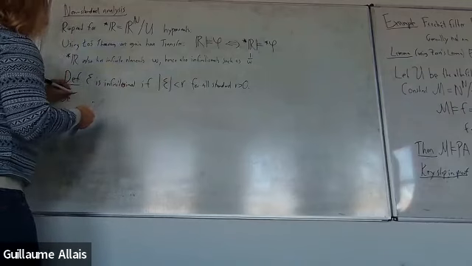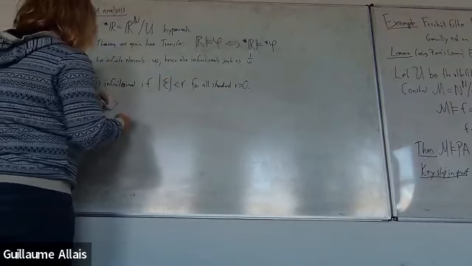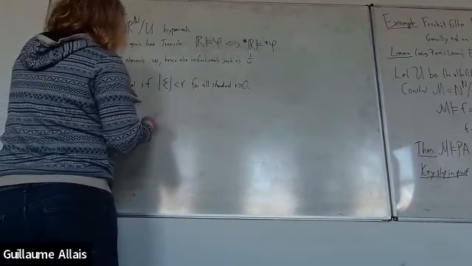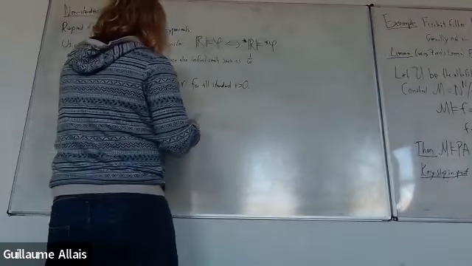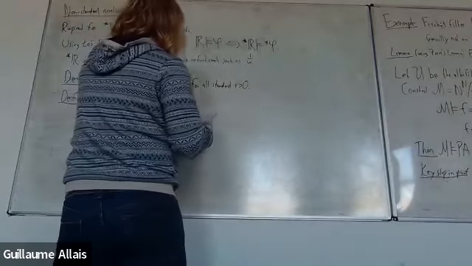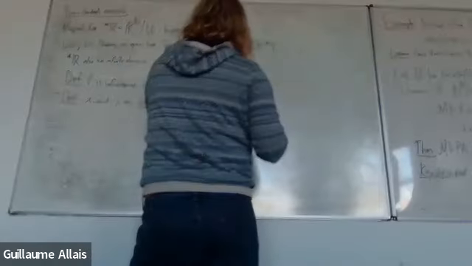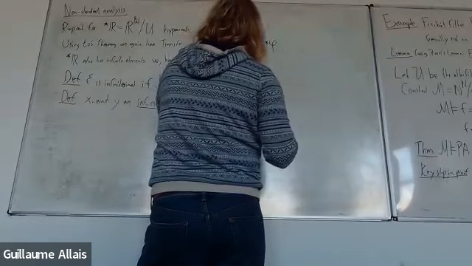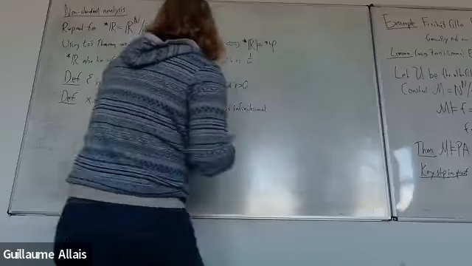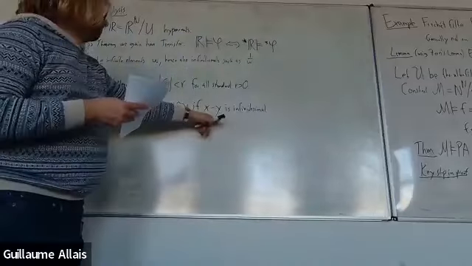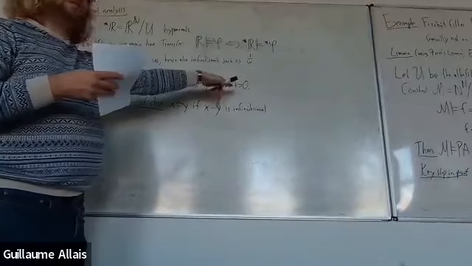And then I can also say that x and y are infinitely close, right, like this, if x minus y is infinitesimal. So if x is equal to y, then x minus y is going to be 0, which is going to be smaller than every non-zero thing.